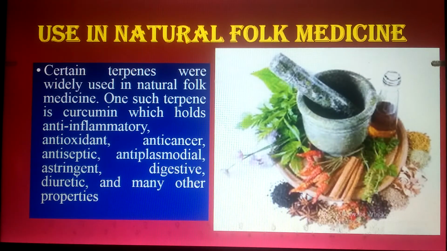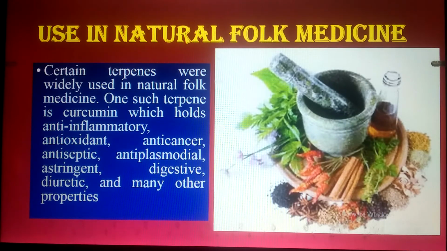Uses in natural folk medicine. Certain terpenes were widely used in natural folk medicines. One such terpene is curcumin, which holds anti-inflammatory, antioxidant, anti-cancer, antiseptic, antiplasmodial, astringent, digestive, diuretic, and many other properties.